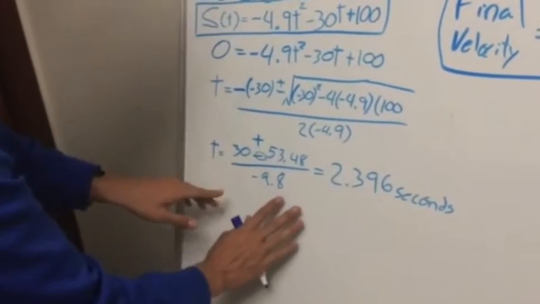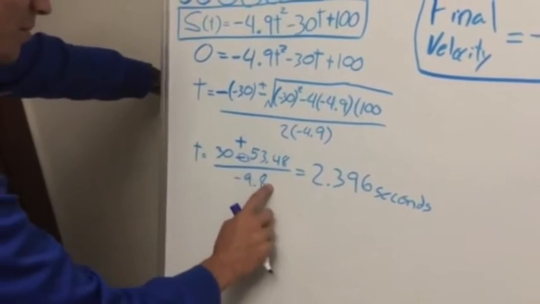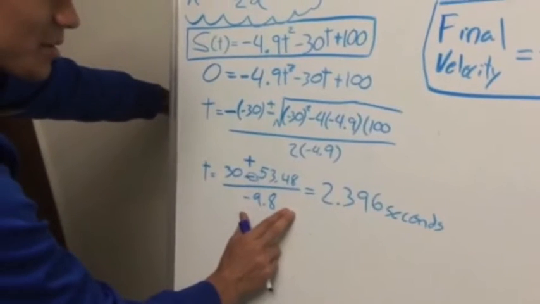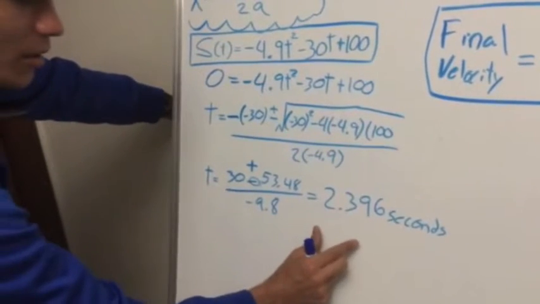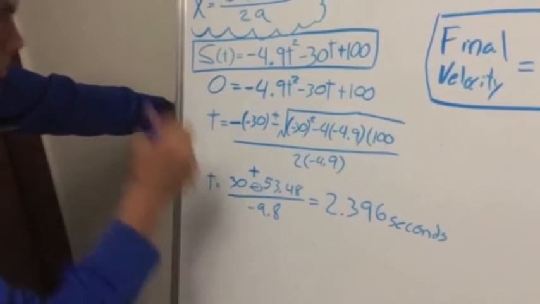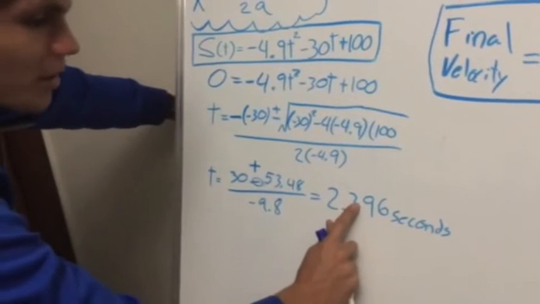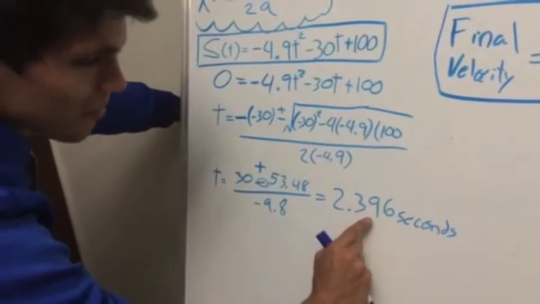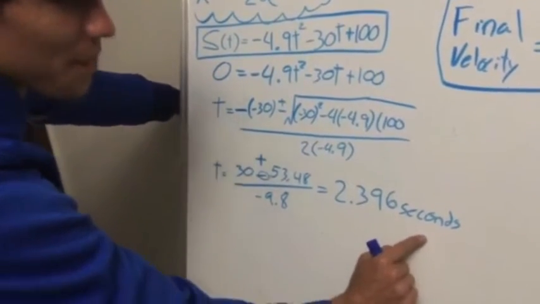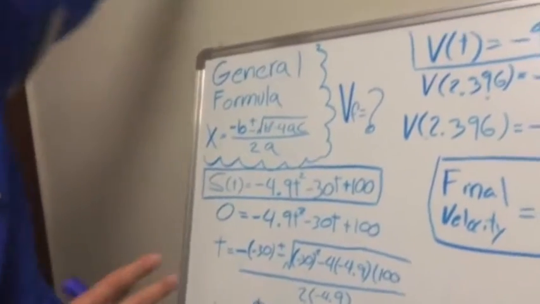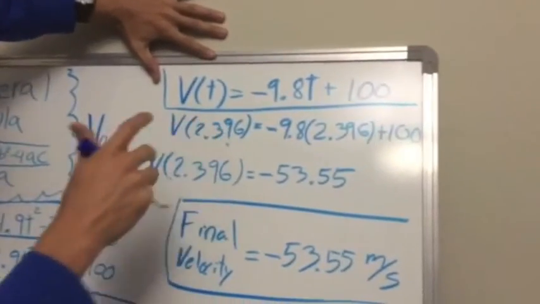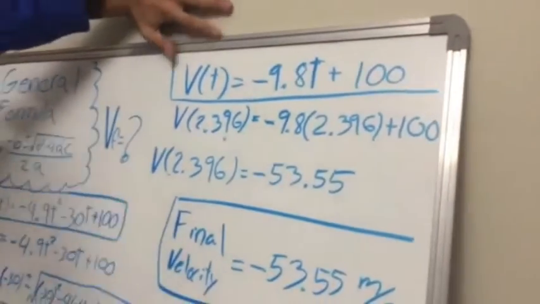So by getting the result of this, we get that the time when the ball hits the ground is 2.396 seconds.